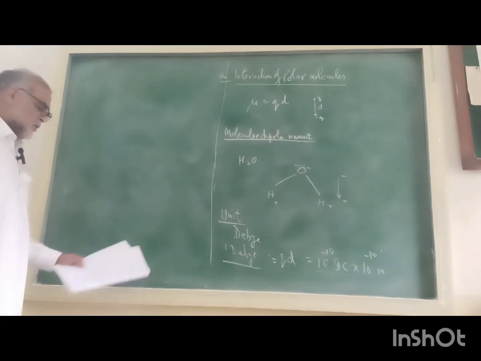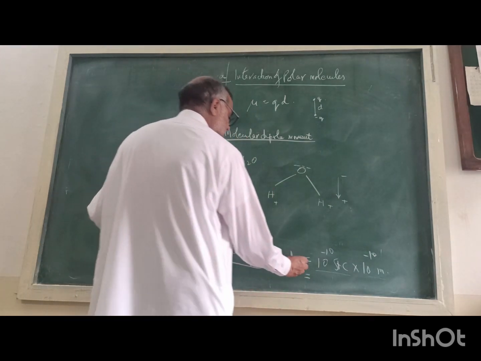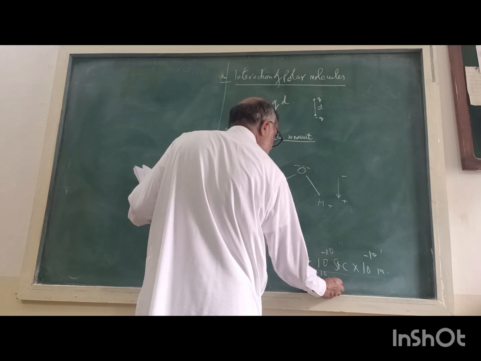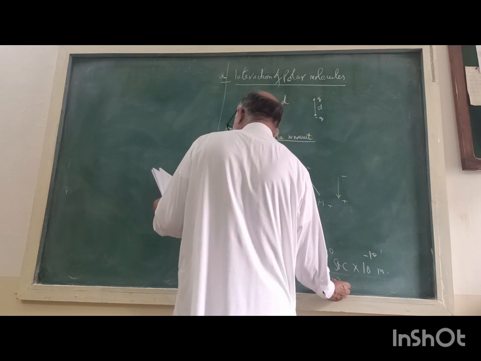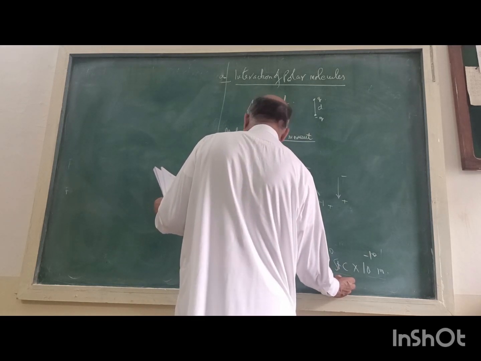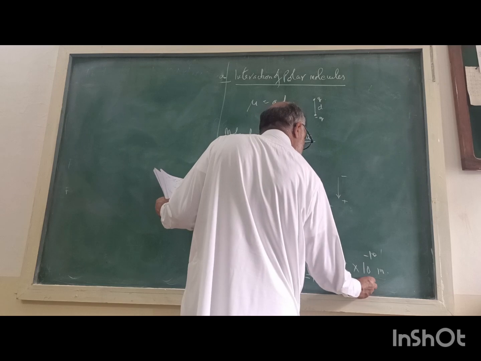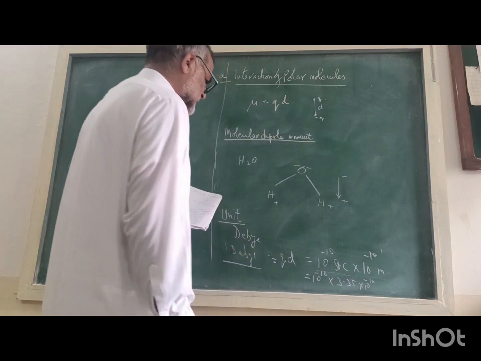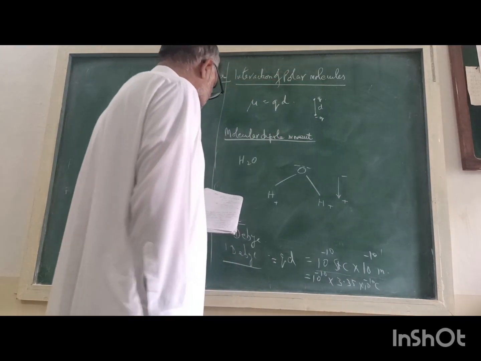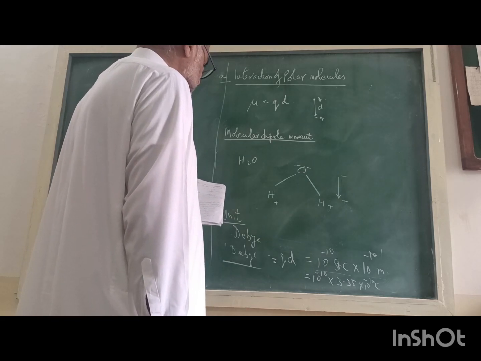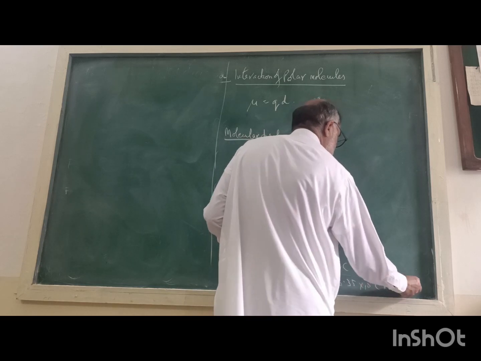So it is equal to 10 to the power minus 10 multiplied by 1 statcoulomb, which is equal to 3.34 times 10 to the power minus 10 coulomb, and that is times 10 to the power minus 10 meter.